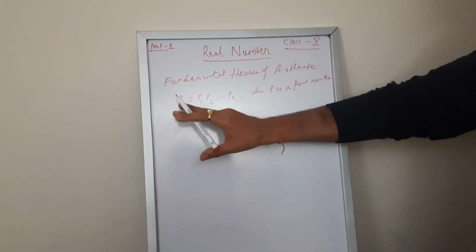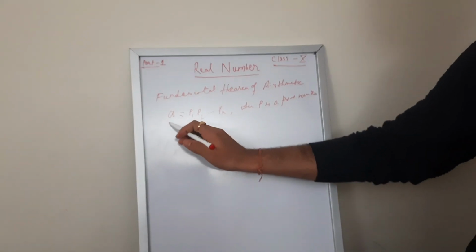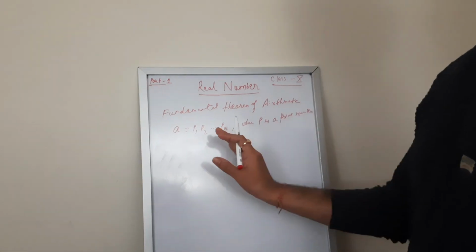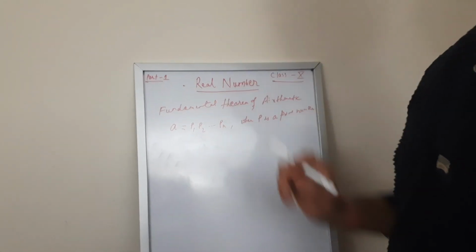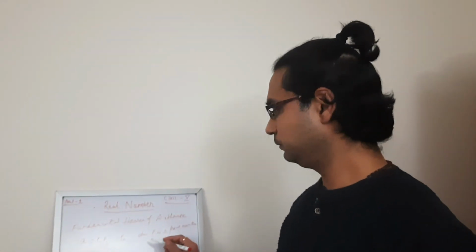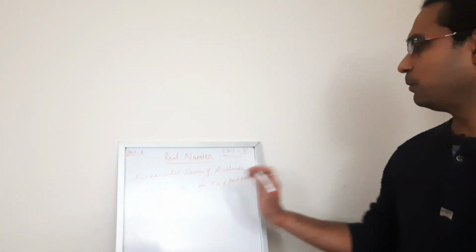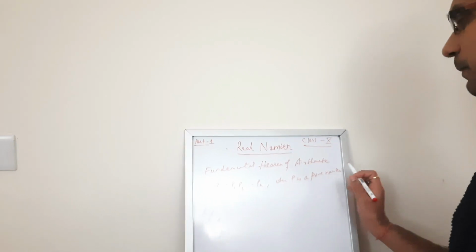So this theorem clearly says that any composite number is finally a product of prime numbers. So A is equal to P1, P2 up to Pn, where P is a prime number.